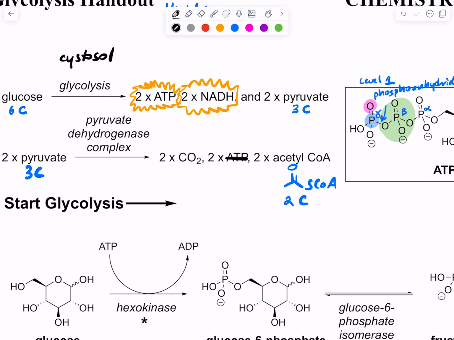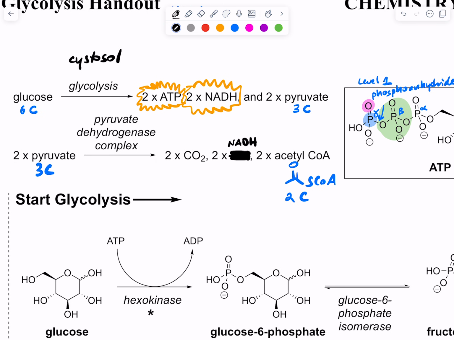And that is, this should have said NADH. So the pyruvate dehydrogenase complex takes 2 pyruvate, generates 2 CO2, 2 NADH, and 2 acetyl-CoA. I'm sorry about that. I will edit that and post a new one. And if you want, I will print it out again, and then you can have a fresh copy that's correct. Or you can just scribble it out and correct it.